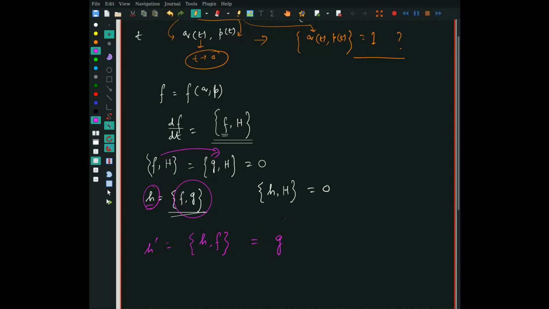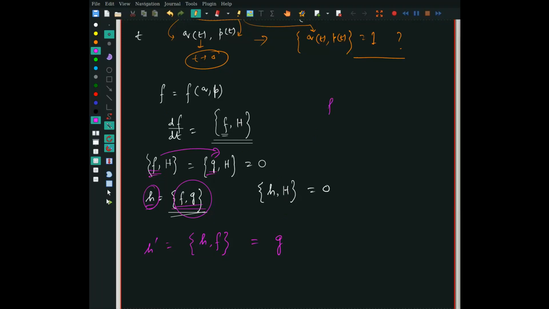So in this sense, it is said that if f and g are conserved, then you can probably find one more conserved quantity, that is f commutated with g, and these three things form a closed algebra under the Poisson bracket relation.